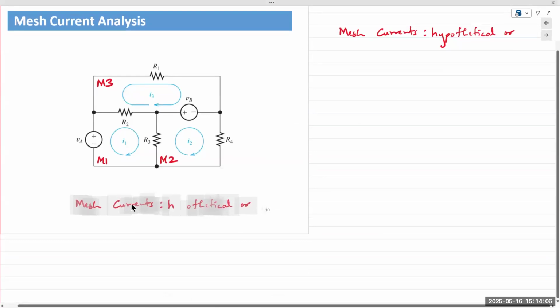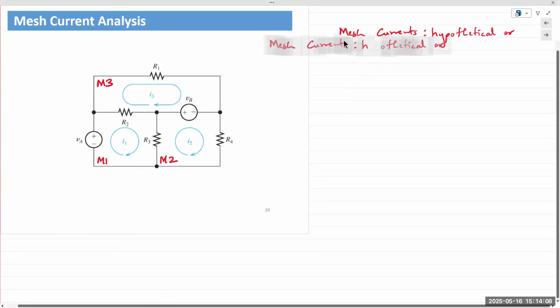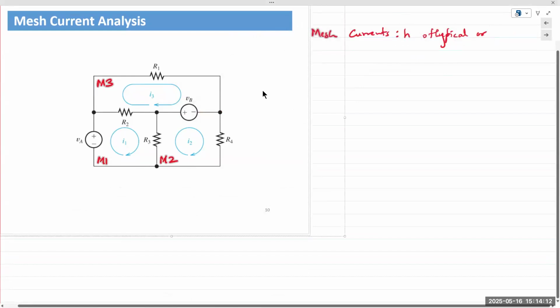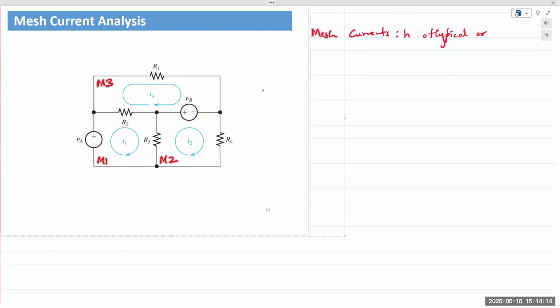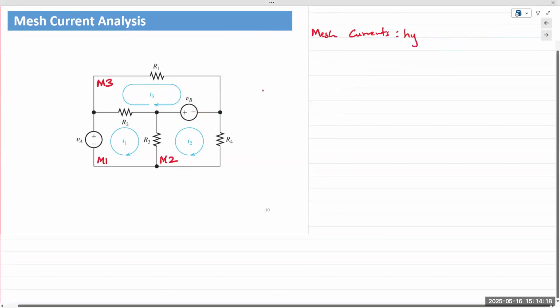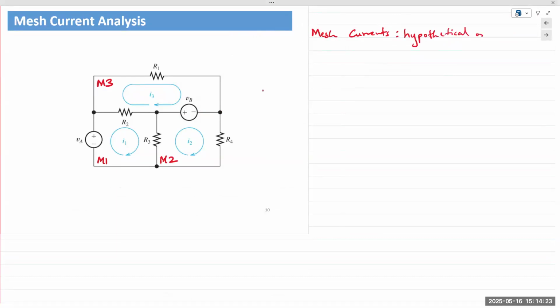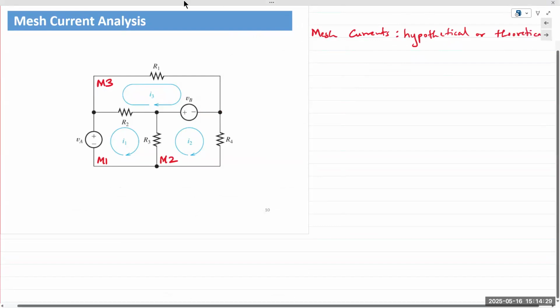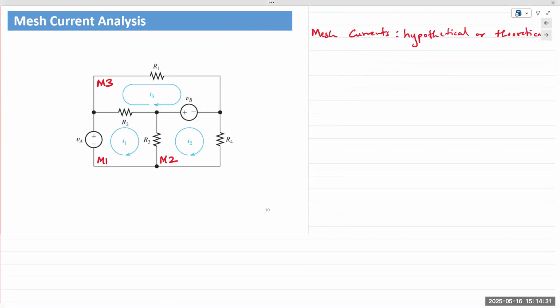Let me write it on here. Okay, they do not exist in real life. They are purely hypothetical or theoretical. They're not real. That's the first thing.